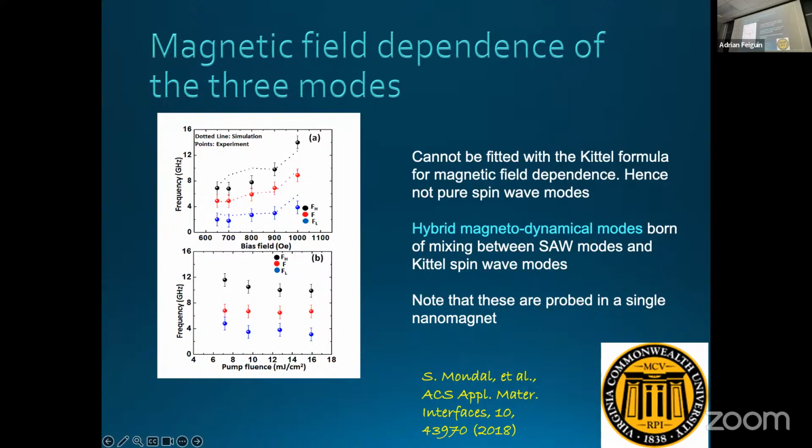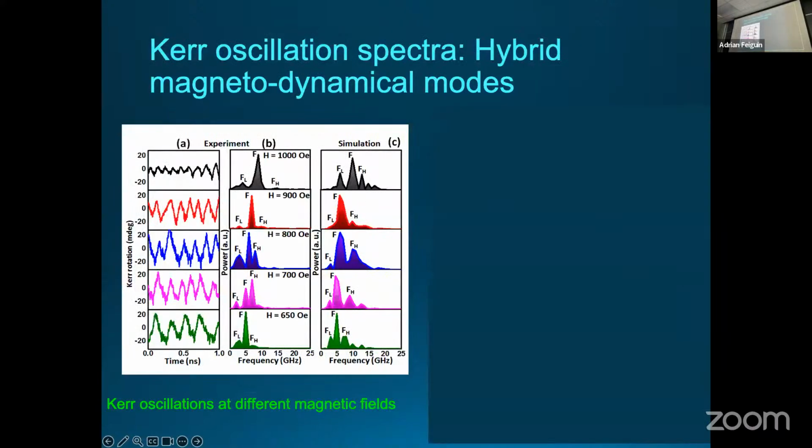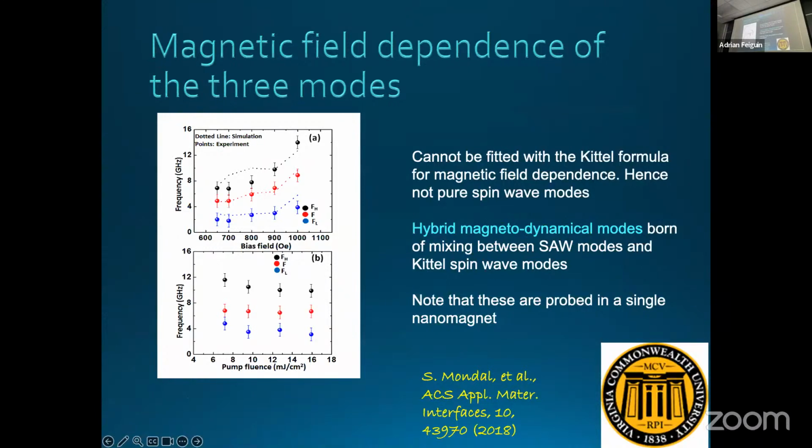We measured this at different magnetic fields: 650 oersteds, 700, 800, 900, 1000 oersteds. And then we plot the frequencies of these modes as a function of magnetic field. So all 3 modes, FL, F, and FH, are plotted as a function of magnetic field. And then this dotted line is the simulation result.